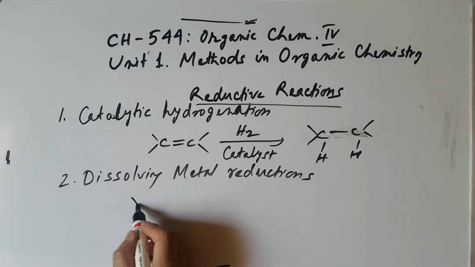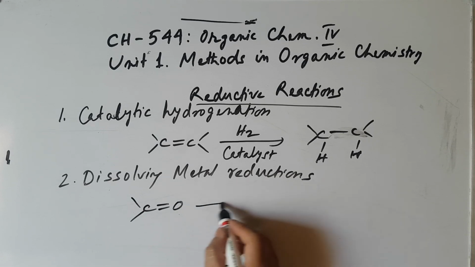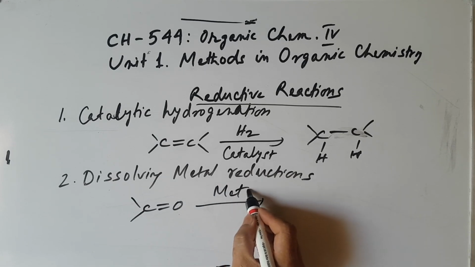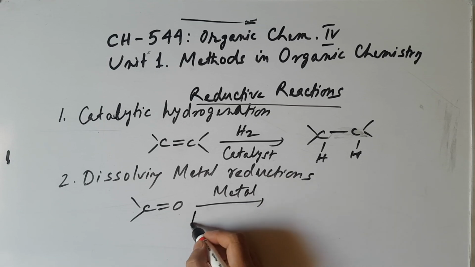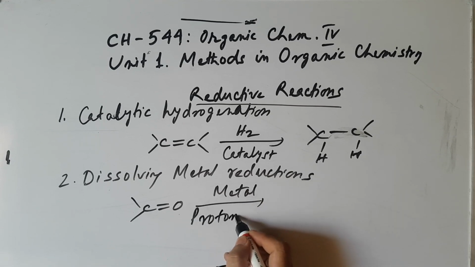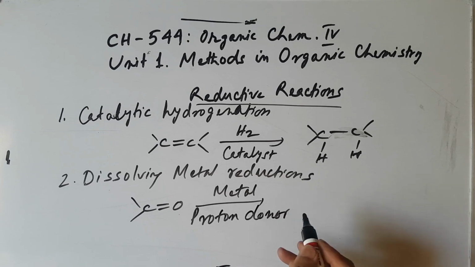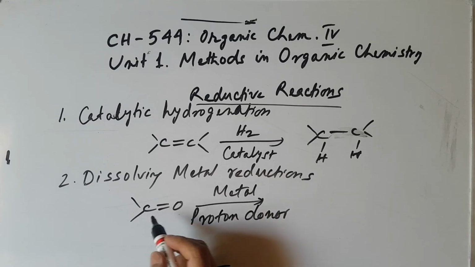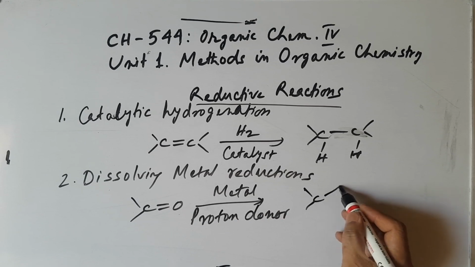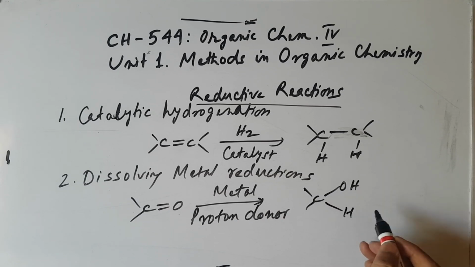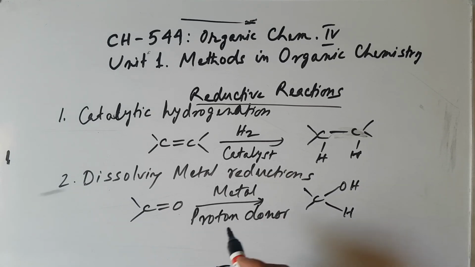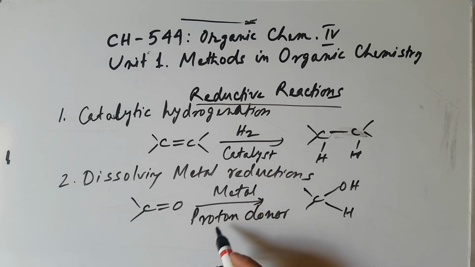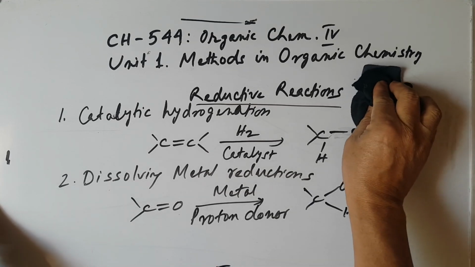For example, carbonyl compounds with a metal in the presence of a proton donor, which is generally the solvent, convert ketones to secondary alcohols. Here also addition of hydrogen takes place by transfer of electrons, and the proton is donated by a solvent like water. So this is the second type.